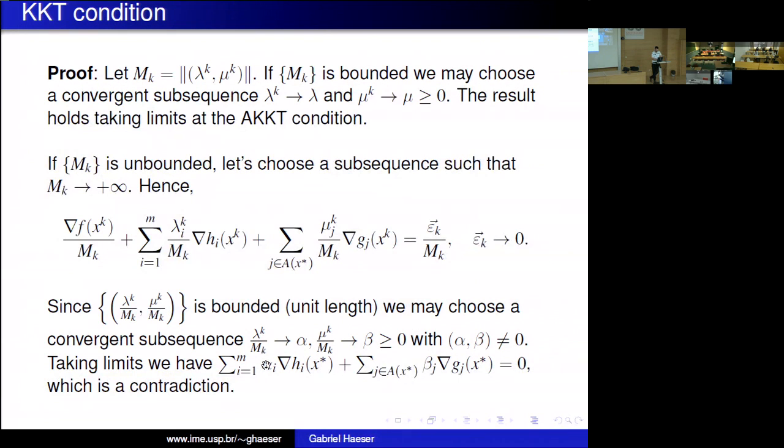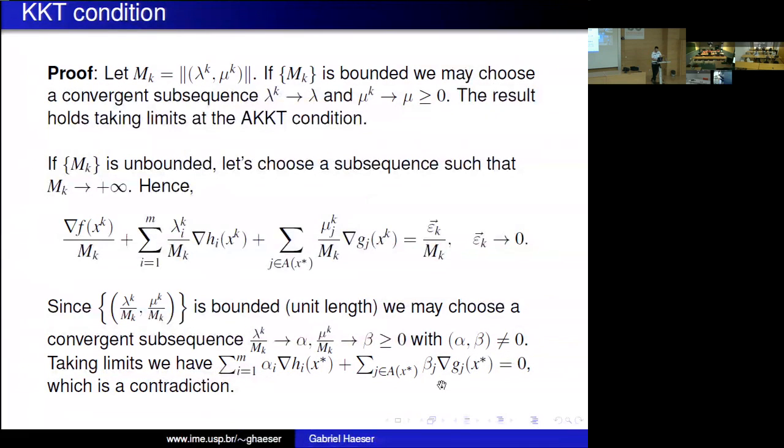Lambda k over mk converges to some alpha, and mu k over mk converges to some beta. Note here that since the norm is a continuous function, this vector alpha beta should have norm 1 also. These vectors all have norm 1 and converge to some vector alpha beta, so the limit must also have norm 1, and in particular, it is non-zero.